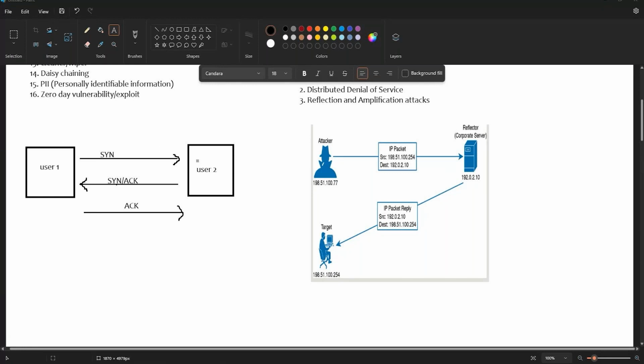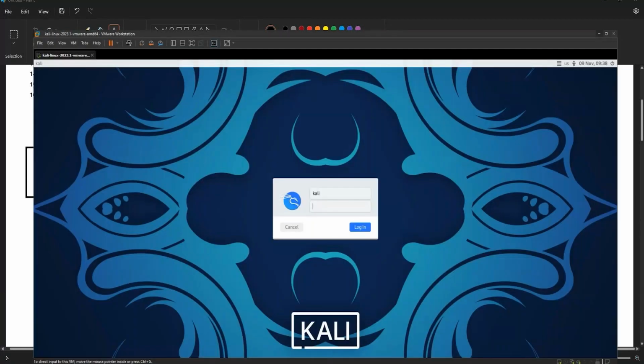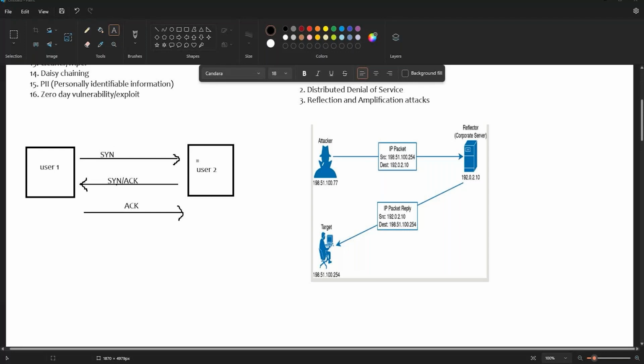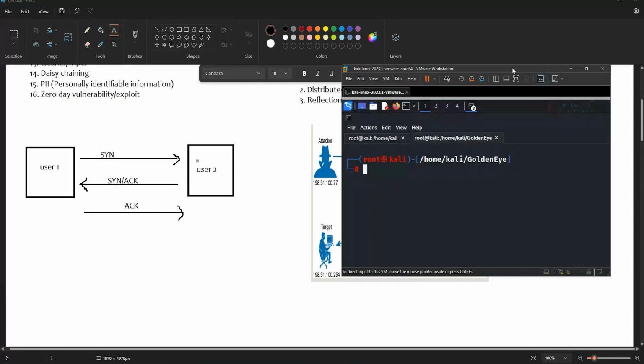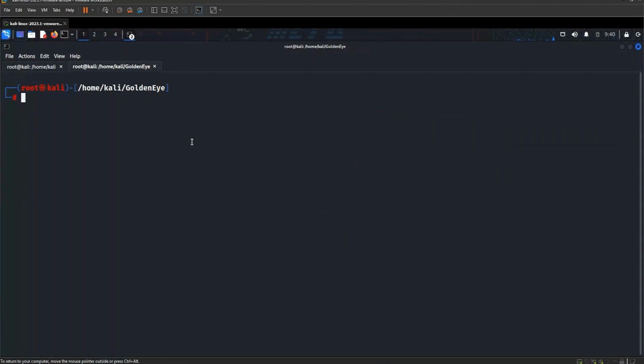Great. So, let me show you something related to the DoS attack. Let's see if it is there. Okay, so there is a tool, goldeneye.py.